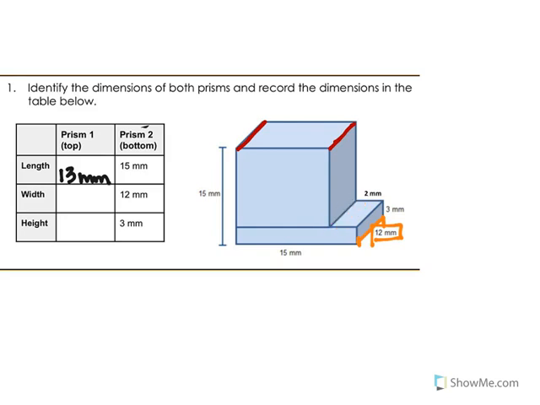See? This side is the same width as the bottom side. There's no overlap. So they have the same width, therefore the width of the top prism is also 12 millimeters.